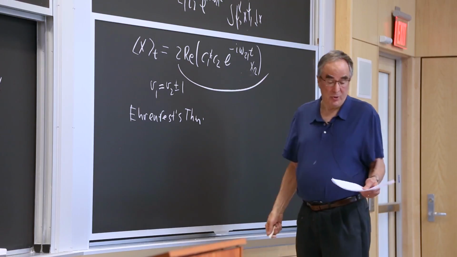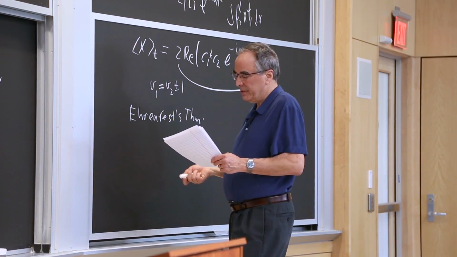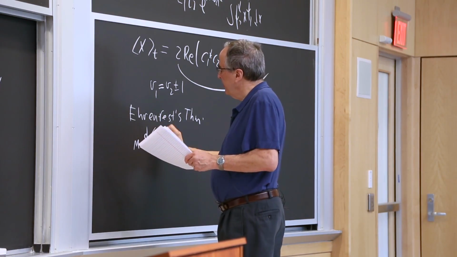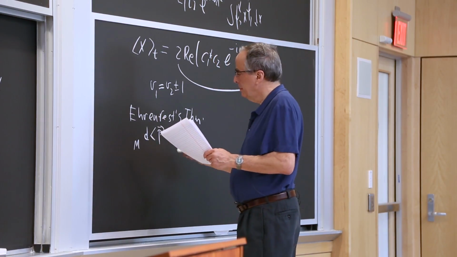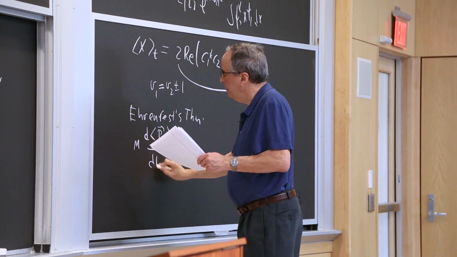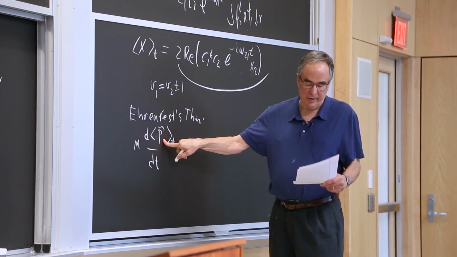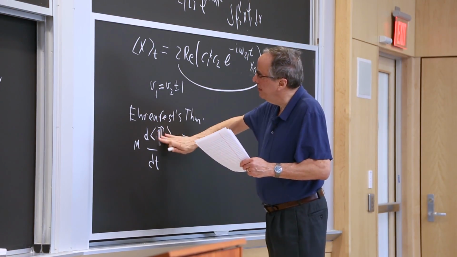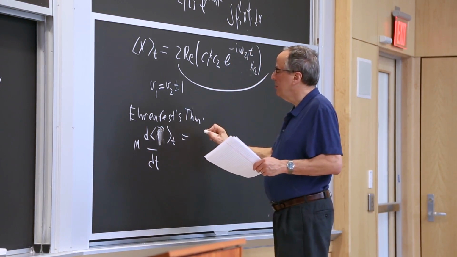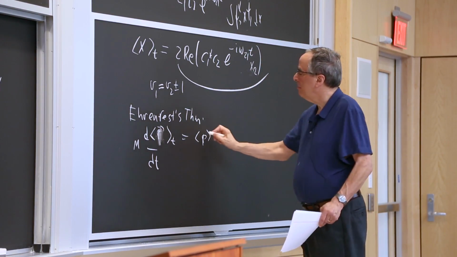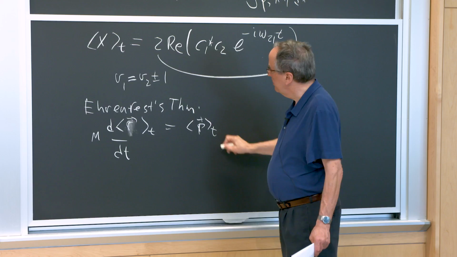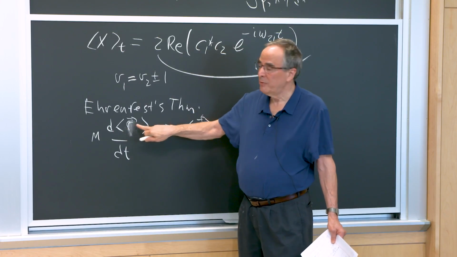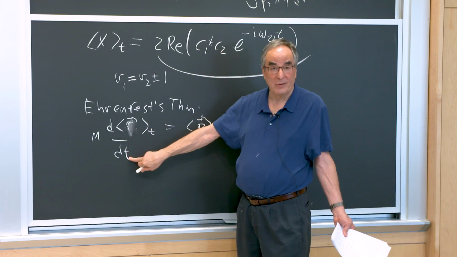Ehrenfest's theorem, which you can prove, says that m times the derivative of the expectation value of r, I'm sorry, this is not vector p, this is vector r, is equal to the expectation value of vector p. So this is the derivative of the coordinate with respect to time. That's velocity.